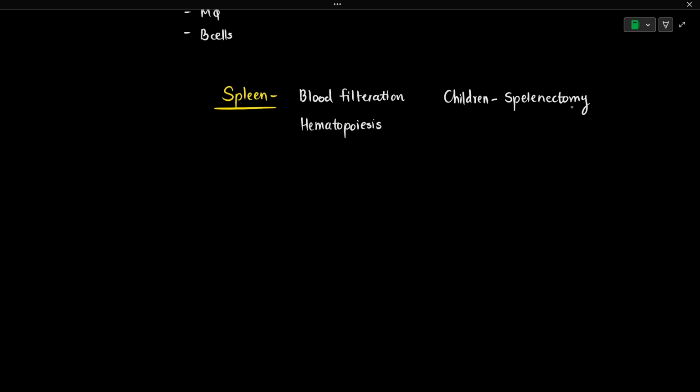Children who don't have a spleen after surgical removal face a serious, potentially fatal threat, because it can lead to overwhelming post-splenectomy infection. Children who have undergone splenectomy can develop this OPSI condition. This is the medical terminology for overwhelming post-splenectomy infection.